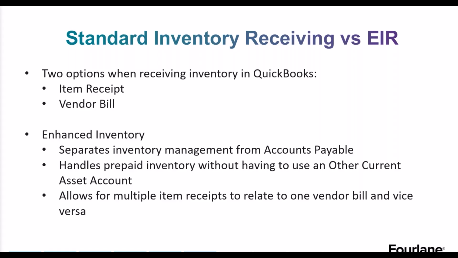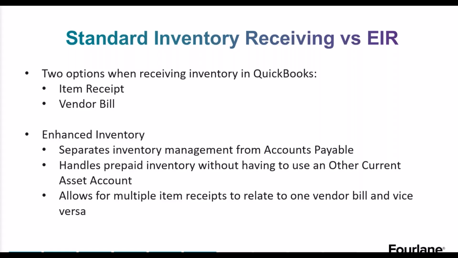One of the last common reasons that our clients will look at using enhanced inventory receiving is because it allows you to bring in multiple item receipts, meaning we can receive in batches. Sometimes we don't get that inventory in all at once, and we're able to create multiple item receipts based off of when the products are actually received.